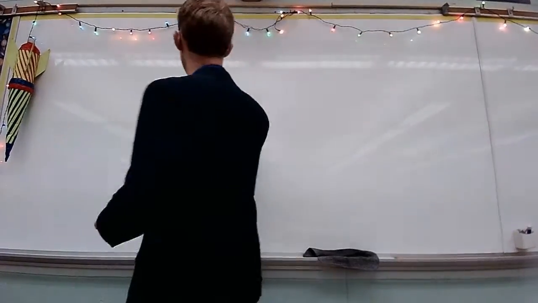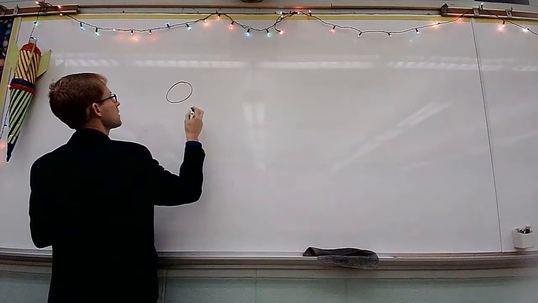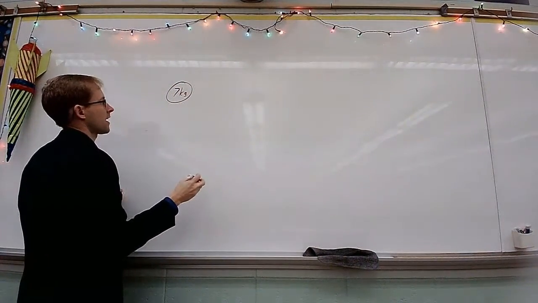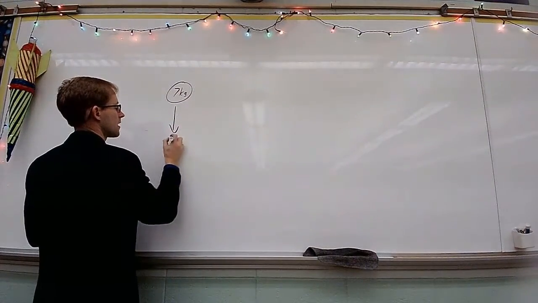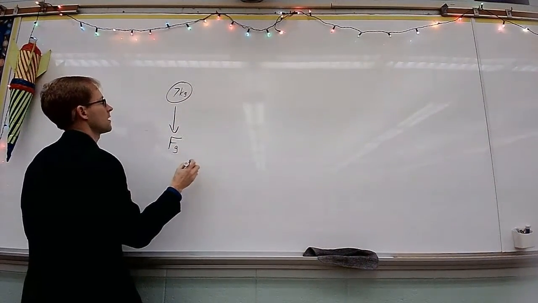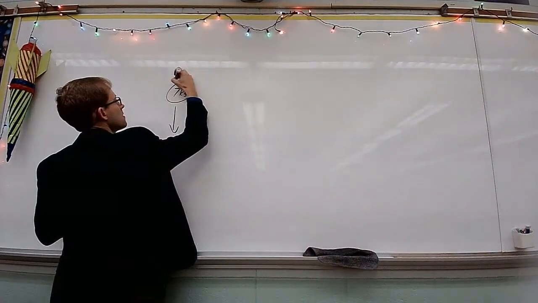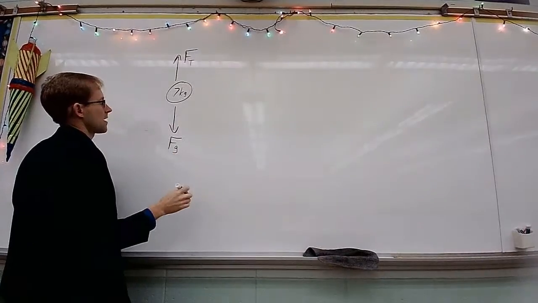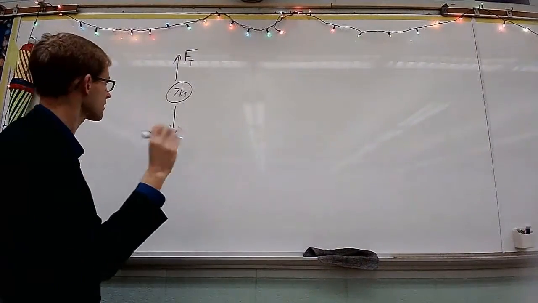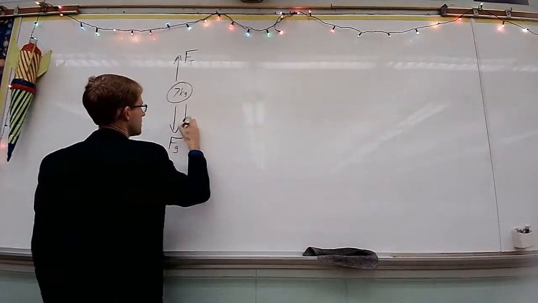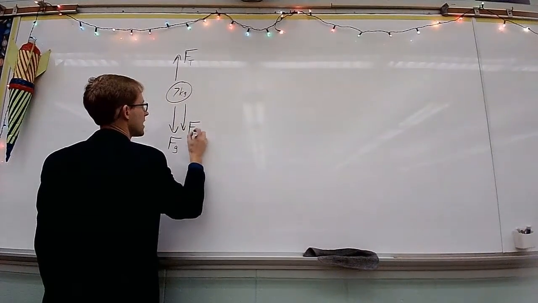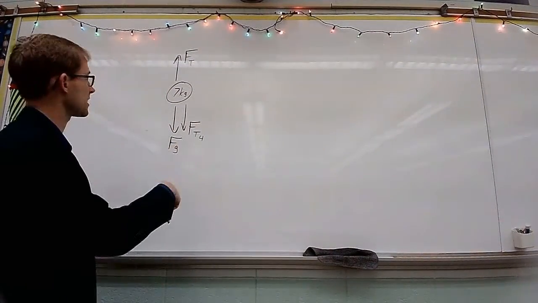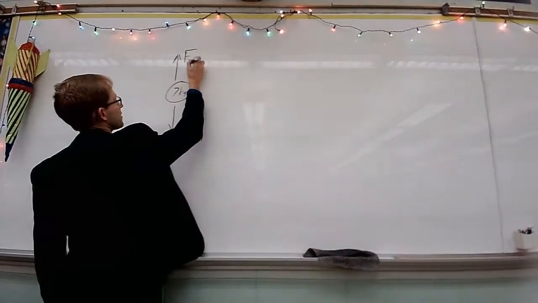So for the 7 kilogram mass, we've got our 7 kilogram mass here. And in terms of forces, it's got gravity down. It's got tension up. But that's not all, because it's also got the tension, and I'll say T4, tension from the 4 kilogram mass, pulling it down as well. I'll call this tension 7.